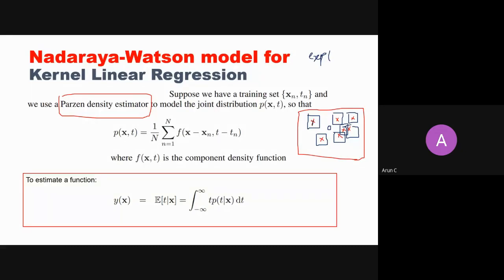So keep this x as a mean here, right? So this is your mean, and then any x where you want to calculate the density. So this x is the one where you want to calculate the density, right? And it is squared. So it is a radial basis function. It is nothing but an unnormalized Gaussian distribution around this x, right?